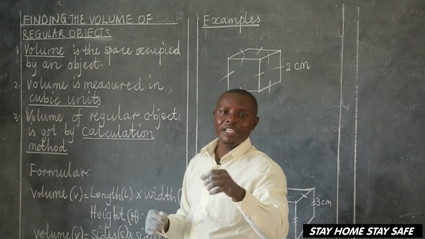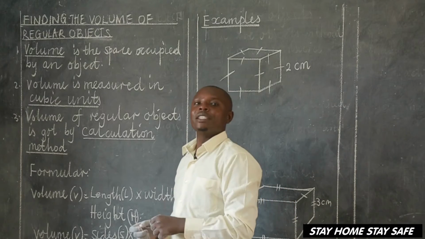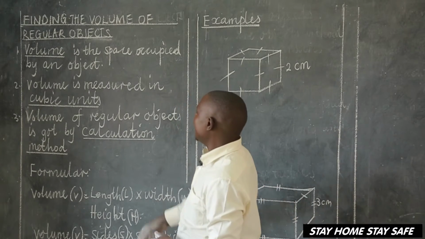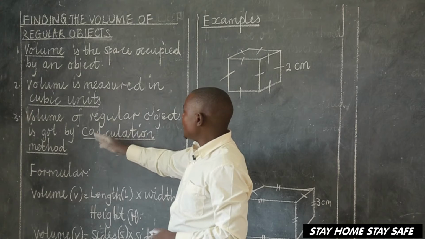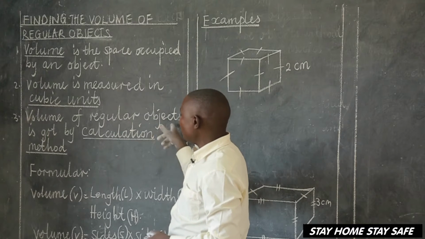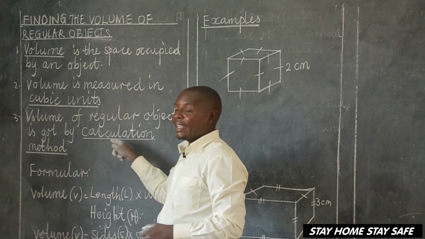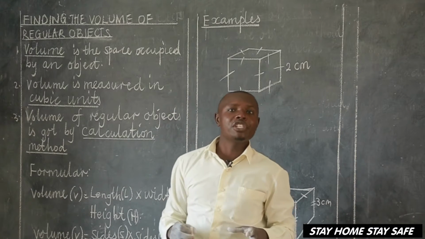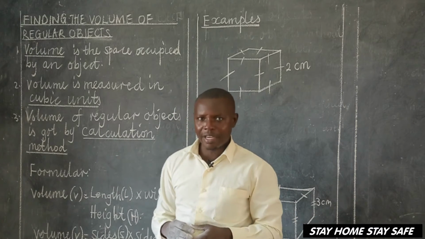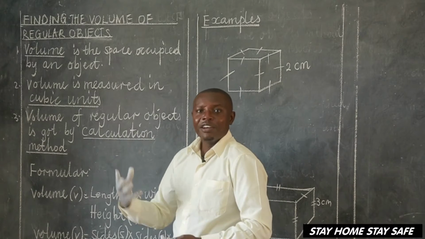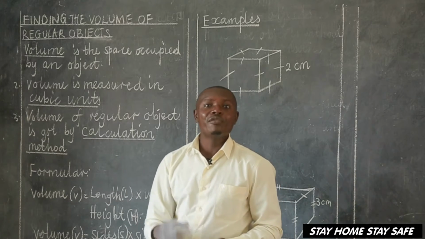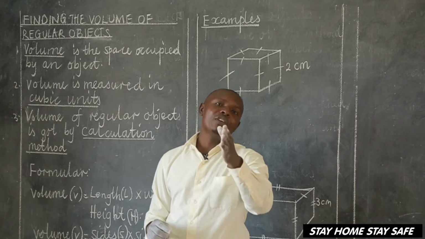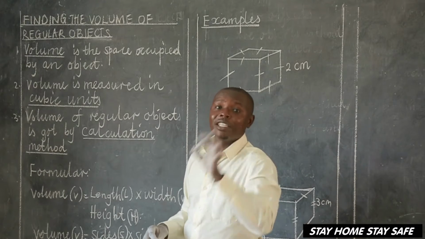Then volume of regular objects is got by calculation method. You calculate in order to get the volume of regular objects. Therefore, the method is calculation method.